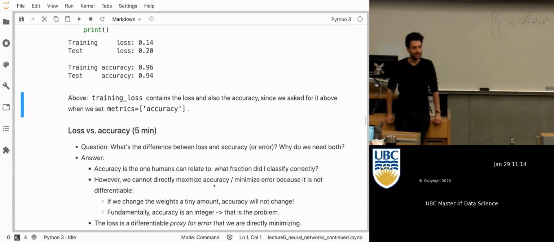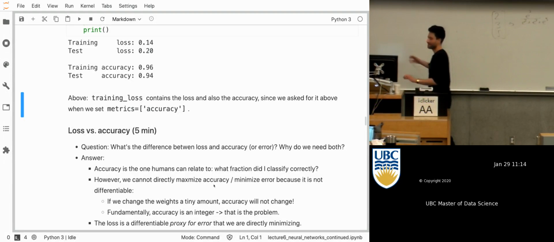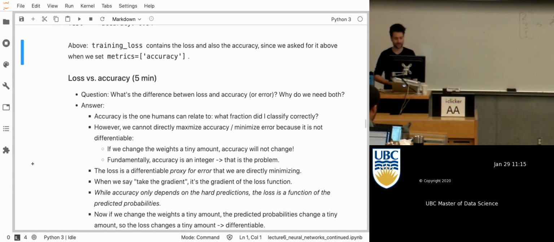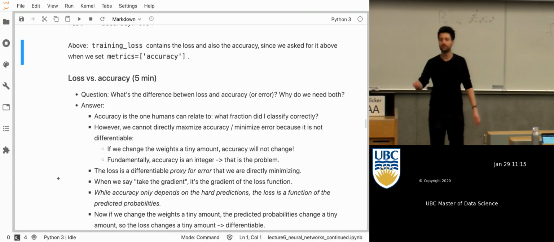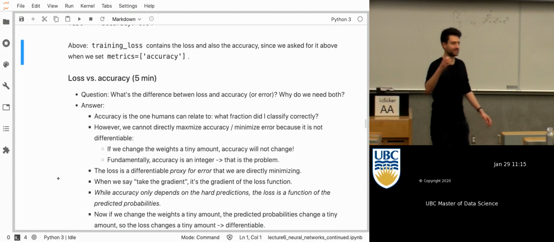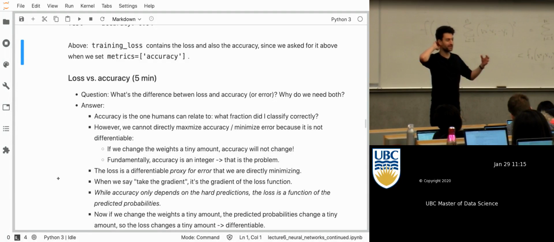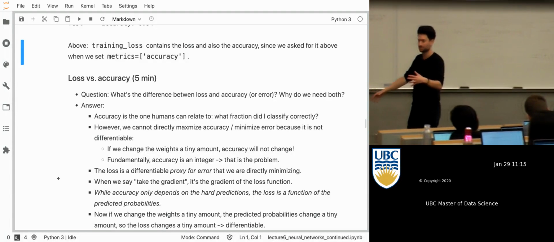Questions about that? Well, let me finish, and then I'll take questions. The finishing is that the loss, in contrast to that, is something that is differentiable and that you can take the gradient of, because it's a function of the probabilities, not the hard predictions. And so the loss is saying I want the probability of the right answer to be as high as possible, and the probability of the wrong answers to be as small as possible.